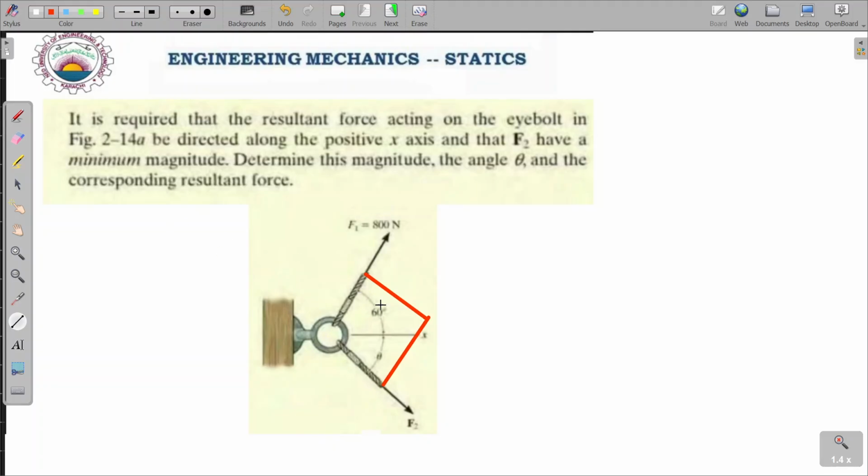In the same way, we have this over here, this over here, and again this over here, and we can have our resultant. Our resultant will be somewhere like this.